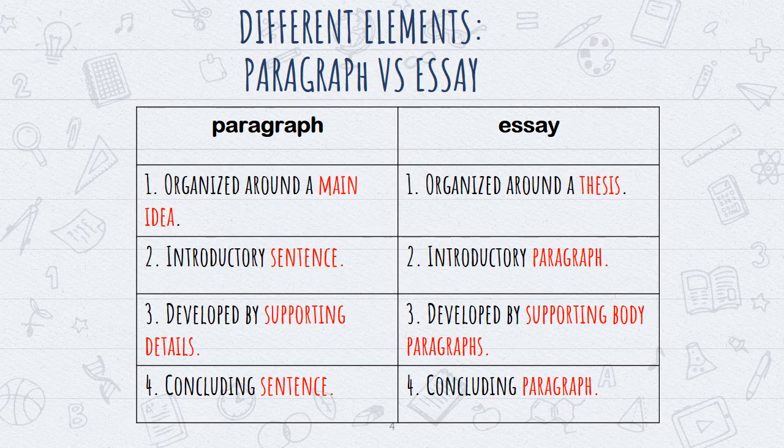But in the essay, it's developed by supporting body paragraphs. You have supporting paragraphs in the middle of your essay, helping to develop it. Number 4, you finish or conclude a paragraph with a sentence. But in the essay, we conclude using a paragraph.